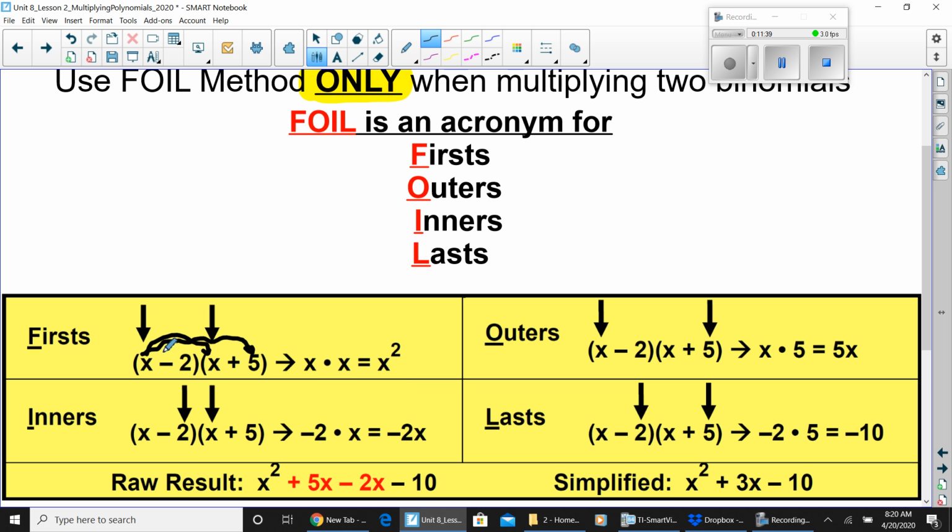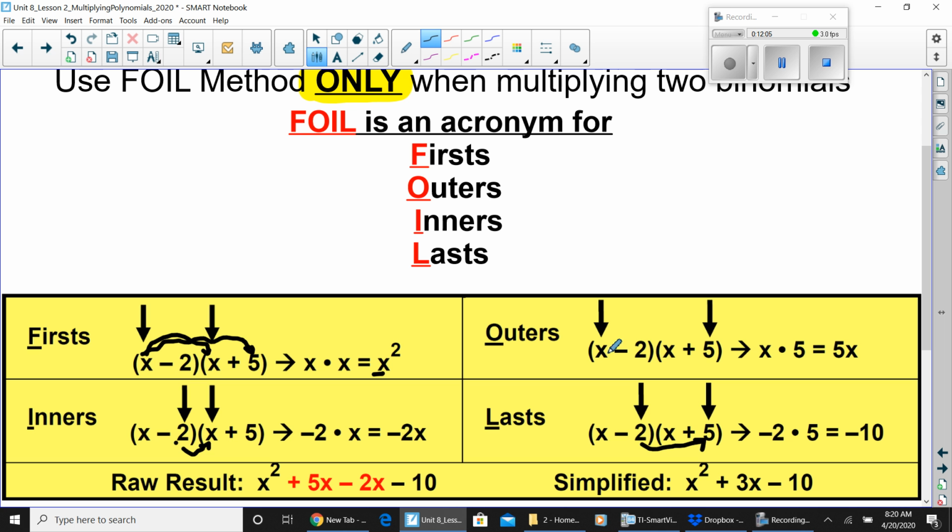Then you move over to the -2, and these are known as the inners. And I go -2 times x. And then remember, you have to distribute this -2 to the 5, and that's the lasts. So the result is x times x, which is the first, that's the x squared. Put it right here.